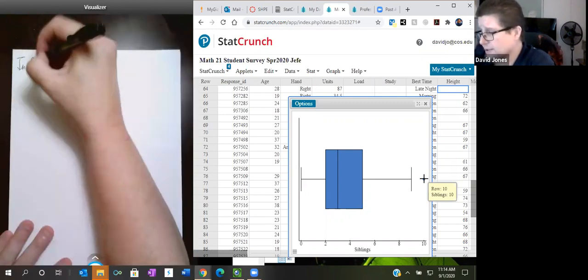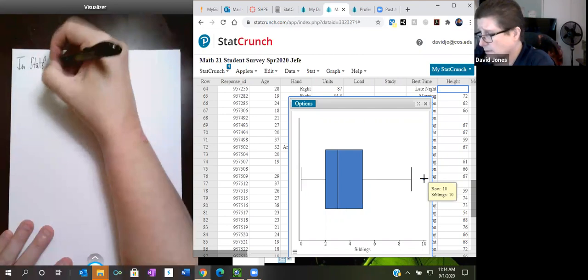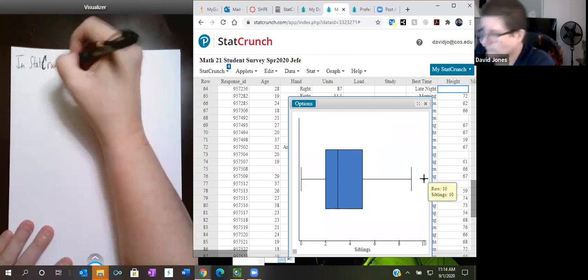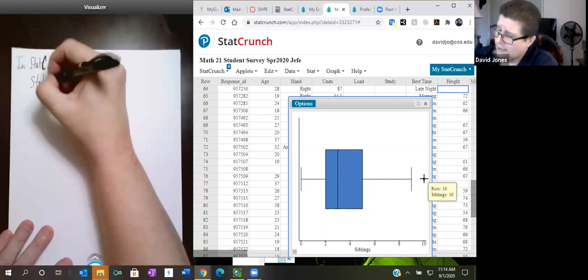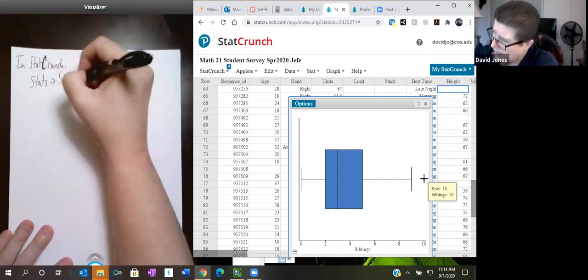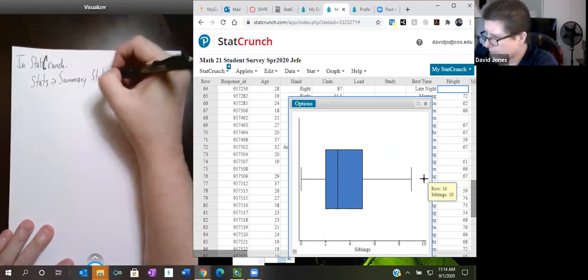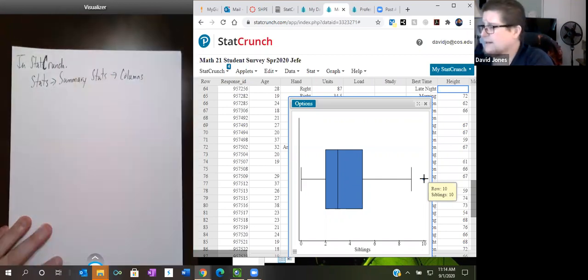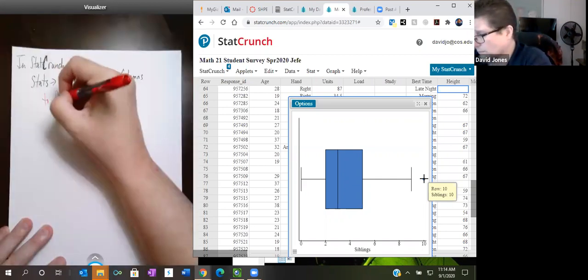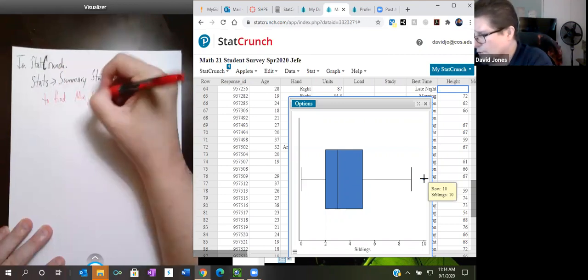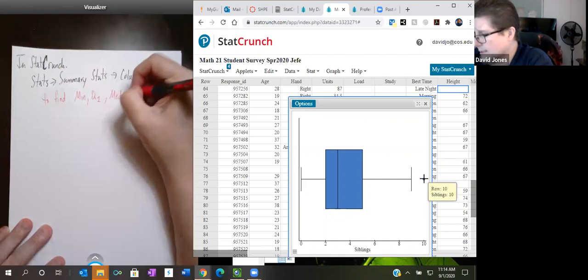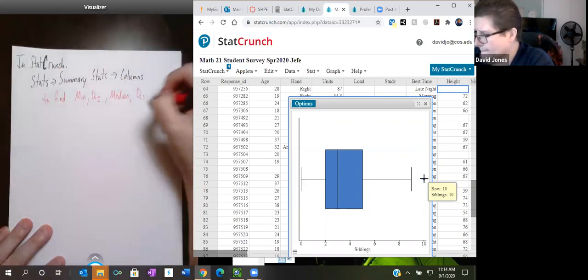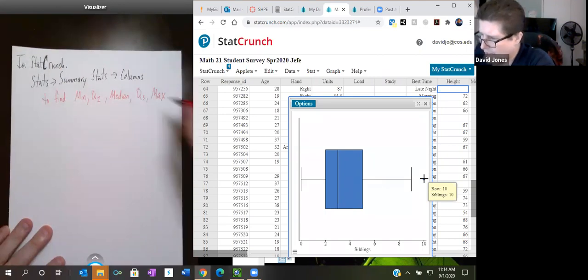In StatCrunch, we can do Stats, Summary Stats, Columns, to find min, Q1, median, Q3, max, and if you're so inclined, IQR, but subtracting Q3 and Q1 is really not that hard.